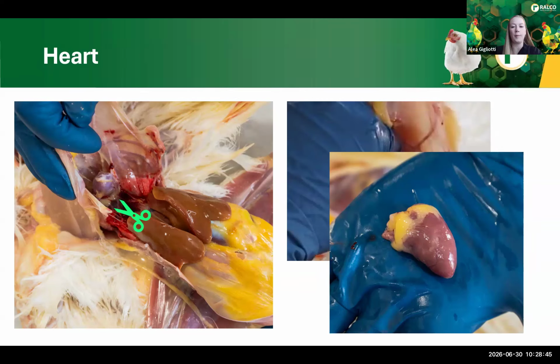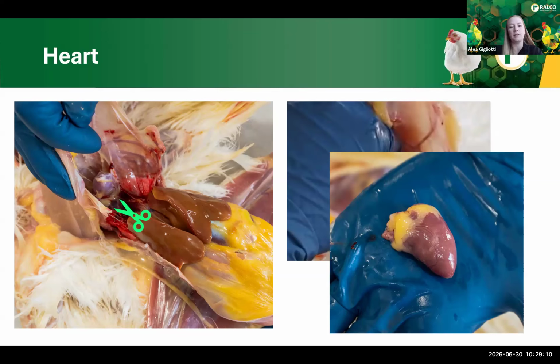It doesn't super duper matter what order you go in for the most part. There are some things that you can't get to until you remove something else, but overall, just look and see what's up top, what's up front, what are you seeing, and it should tell you pretty obviously where you should go next. But again, with the heart, it's pretty easy.